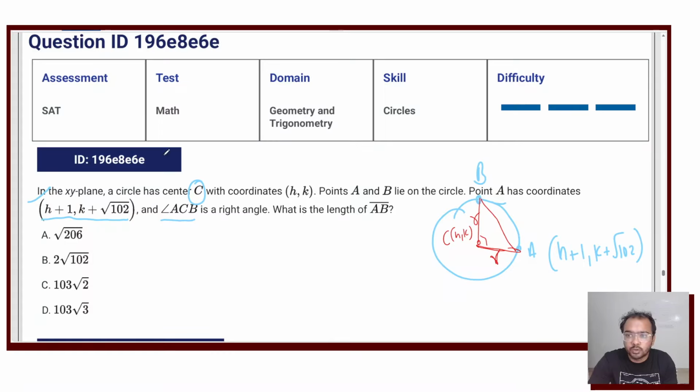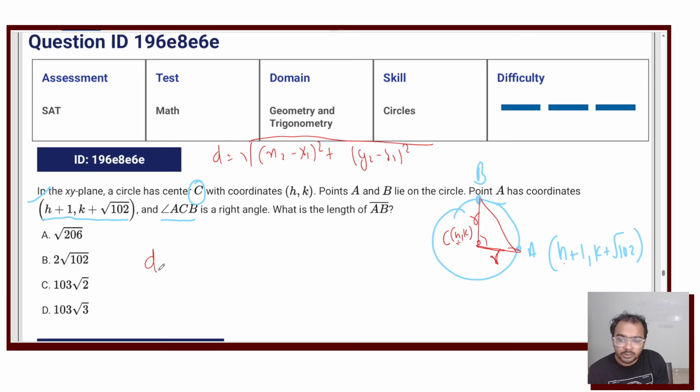So if you have two coordinates, what is the distance formula? We can easily find the distance of two coordinates by taking the difference of x values and squaring that, and then taking the difference of y values and squaring that. So if you take the difference of x values, h minus (h plus 1), the difference of these will be -1 square, and difference of the y values will be k minus (k plus root of 102) whole square.